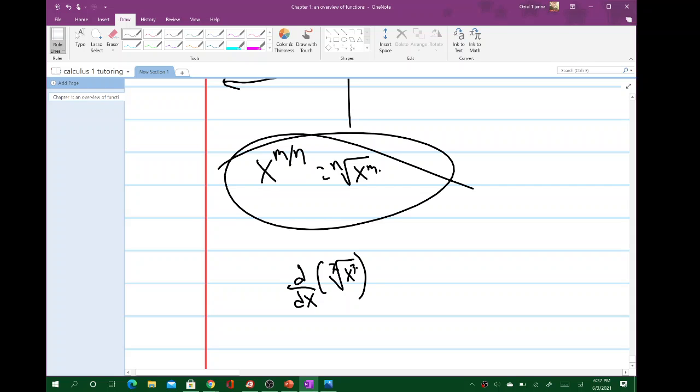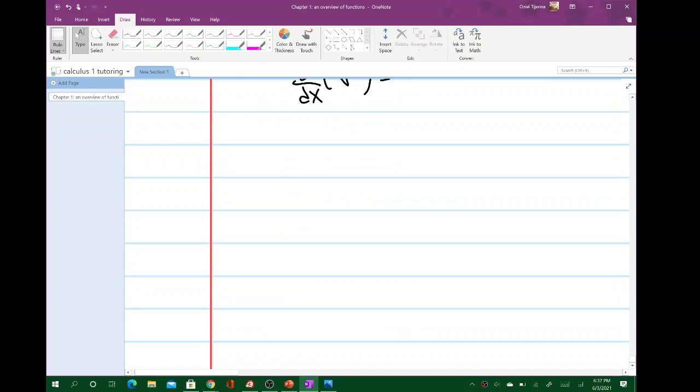We're going to have to know how to convert that to this, so that way we can take the derivative more easily, okay? But we'll get to that once we get to that.